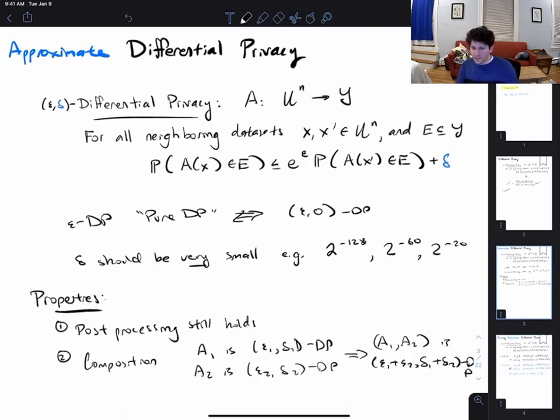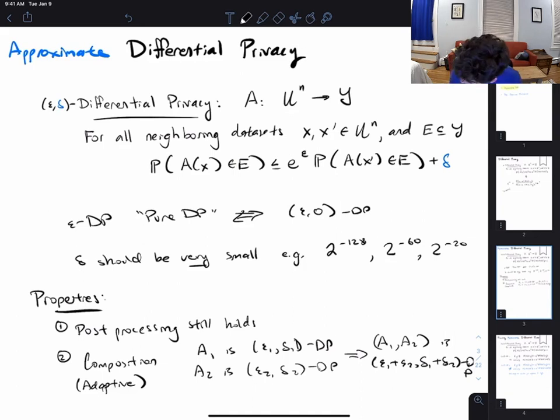So if I take the composition of two algorithms, I can just sum up the epsilons and sum up the deltas. And this holds even if the composition is adaptive. Just like with pure epsilon DP, A2 could actually take the output of A1 along with the data set, and we would still be able to just add up the privacy parameters.